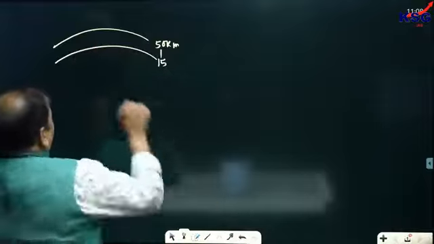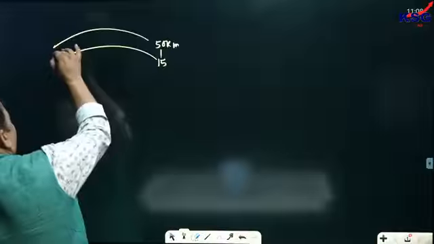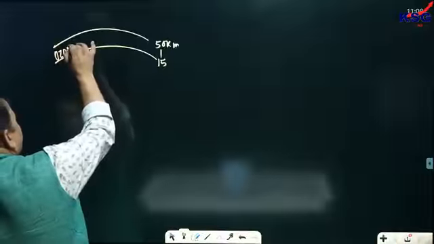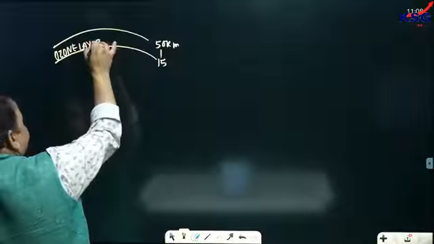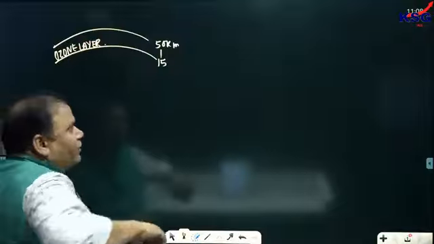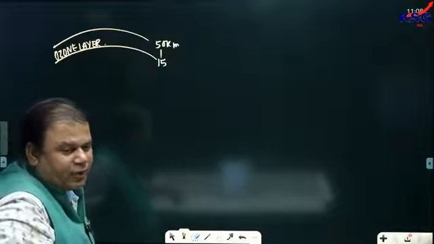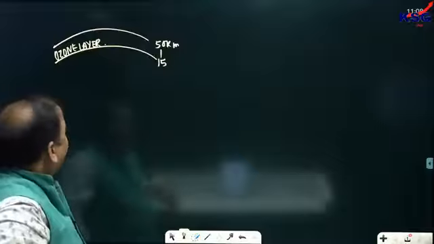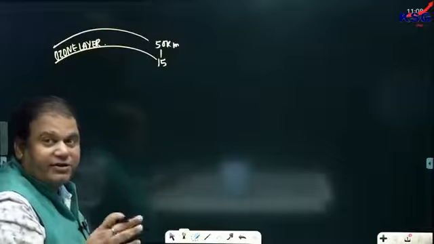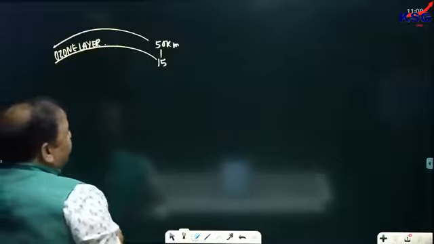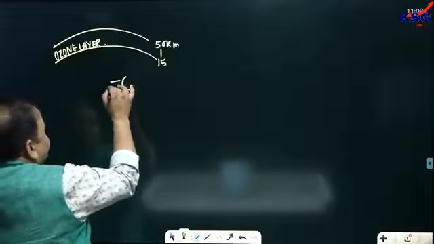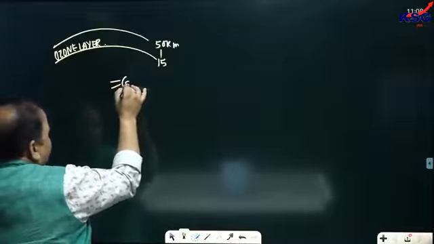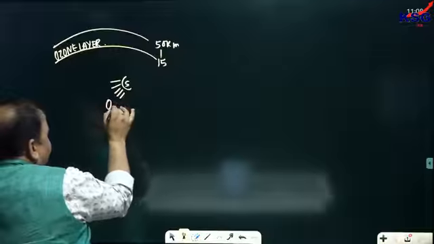And as far as ozone layer is concerned, ozone is not naturally present in atmosphere. It is generated due to the influence of solar radiation on oxygen present in atmosphere.